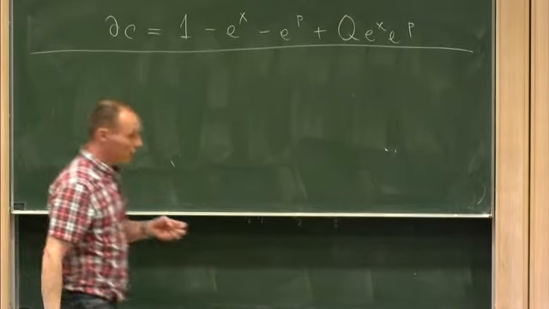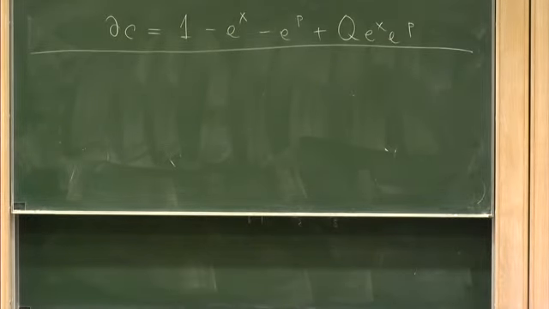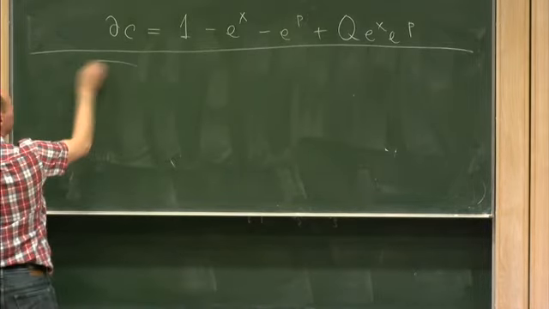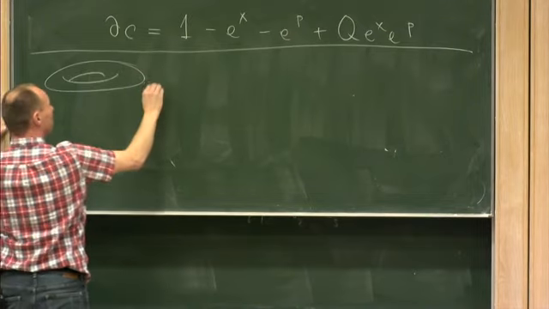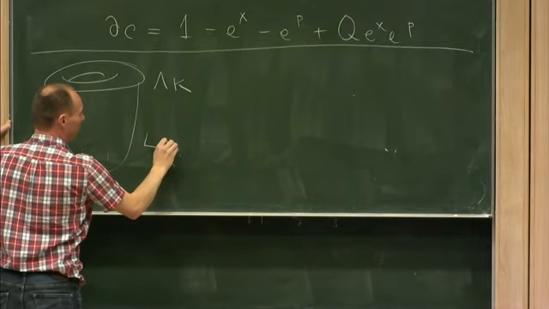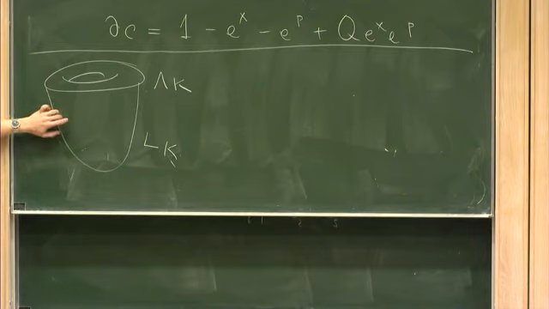Now I want to try to connect this to the disk potential. There is a story about this as follows. The picture that we have is this Lambda_K, and then some Lagrangian filling L_K of Lambda_K. Imagine first that there are no holomorphic curves at all forming on this L_K.